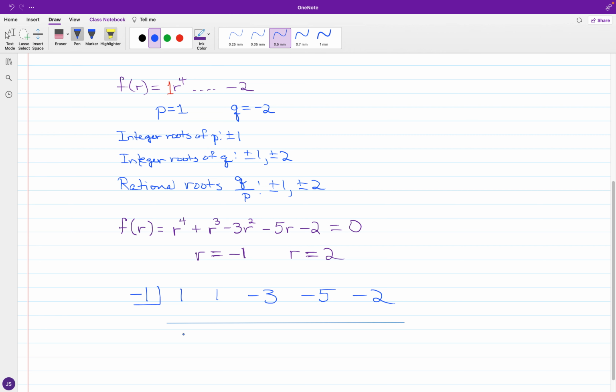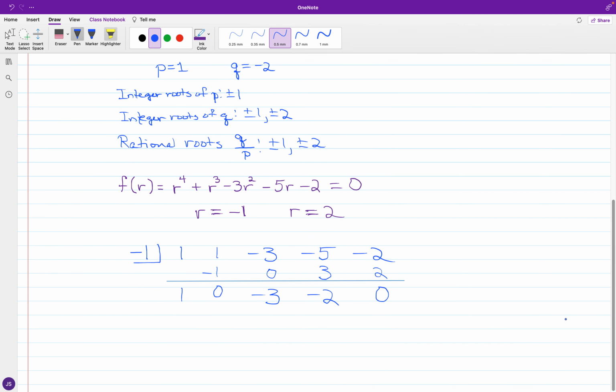And we have applying the process. Okay, so bring down 1. Negative 1 times 1 is negative 1. 1 minus 1 is 0. Negative 1 times 0 is 0. Negative 3 plus 0 is negative 3. Negative 1 times negative 3 is positive 3. Negative 5 plus 3 is negative 2. Negative 1 times negative 2 is positive 2. And we have the last column total to be 0.